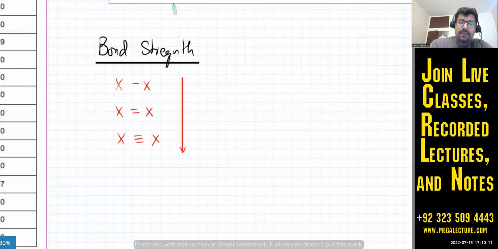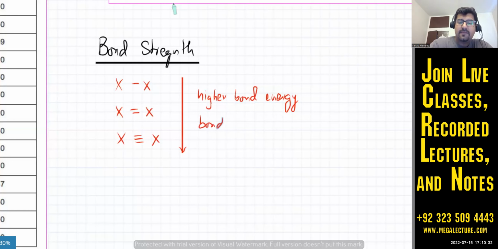So you're going to have higher bond energy and more bond strength will be added.